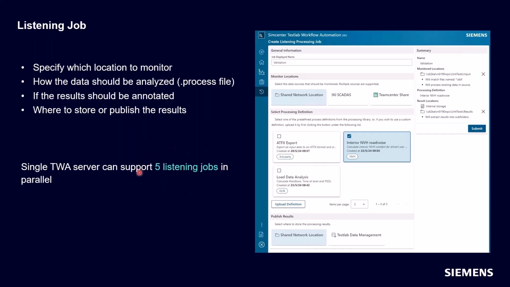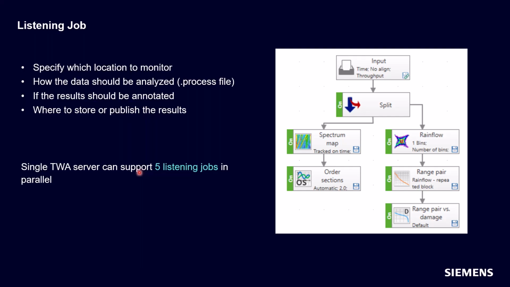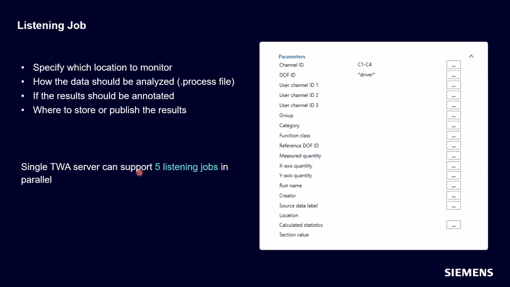So if you have a lot of processing, you can actually make one big process that uses the pass commands or maybe the split commands to send it to different processings. And I can do a lot of different processes in one big giant process by using the pass and the split commands. And those pass and split commands could be based on channel numbers, channel names.